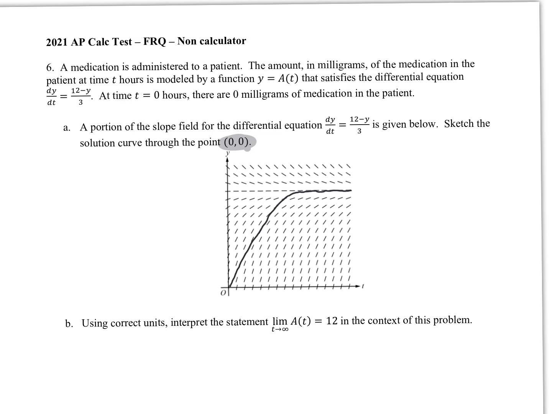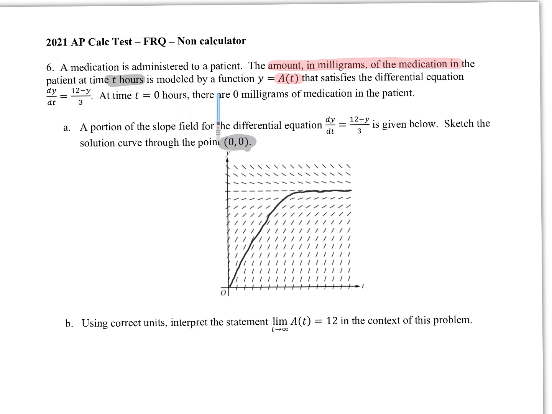Oh, this is kind of interesting. Let me actually read the problem before I ask question B. Medication is administered to a patient. The amount in milligrams of the medication in the patient at T hours is modeled by A of T. dy dt would then be the rate that medication is going into the patient.